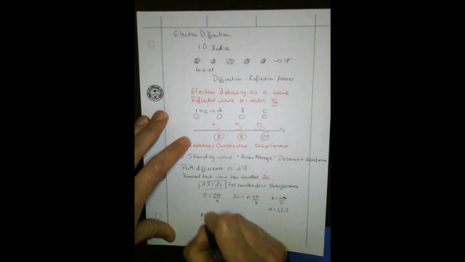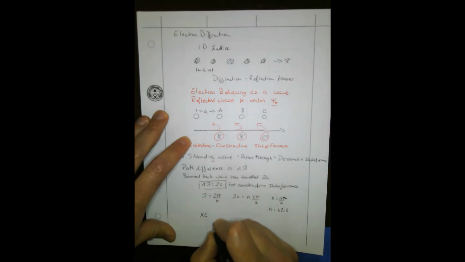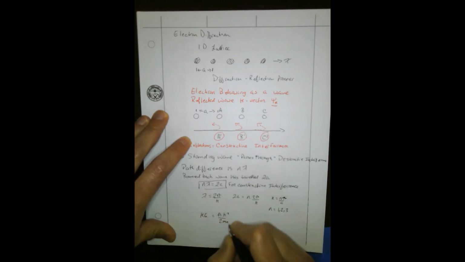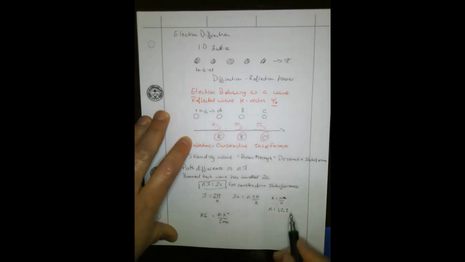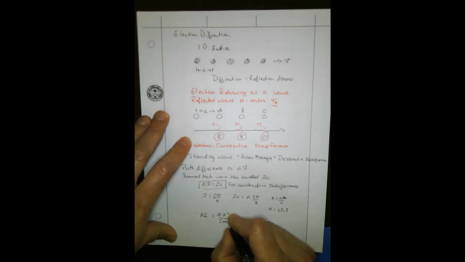We know that the kinetic energy equals h bar k squared over 2m_e, where m_e is the mass of the electron. We had n in there somewhere when we talked about the ground state. So, moving on just a little bit.